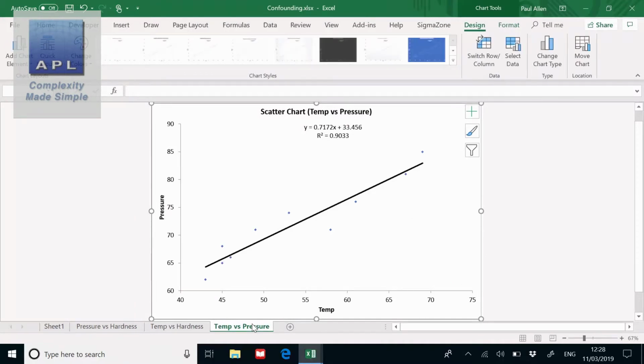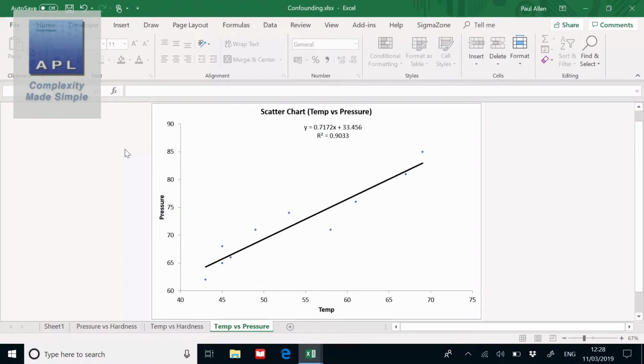Now look, the last diagram that I've done, I've actually done a regression analysis between temperature and pressure, and you can see I've got an R squared of 0.9, which means that temperature and pressure are linked together. They've been changed in a similar pattern, and therefore the information that I have in front of me is useless.